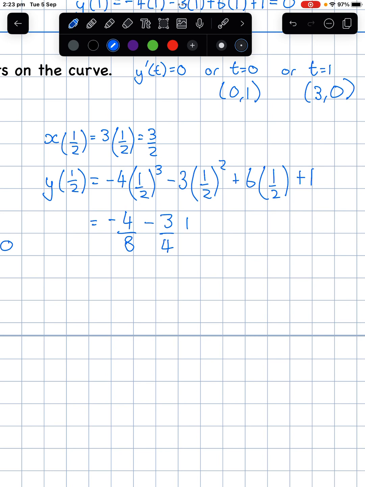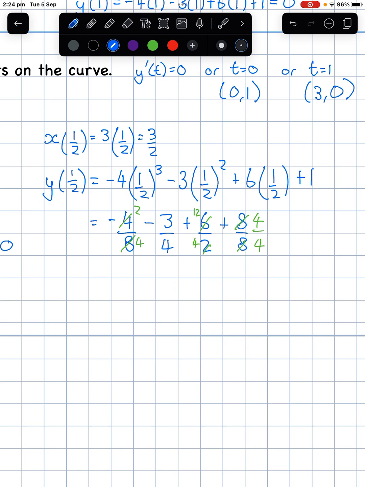And then we're going to get plus 6 on 2 plus 1, which is, let's just go 8 on 8 because that's what we're going to have to go to. Actually, let's not do that. Let's halve these, so this becomes negative 2 on 4. This becomes 12 on 4 instead, and this one here is 4 on 4.